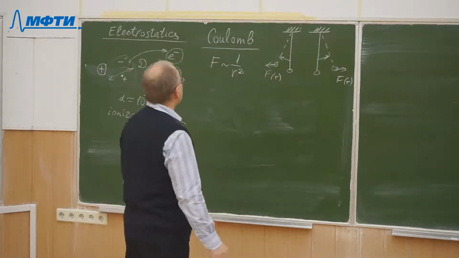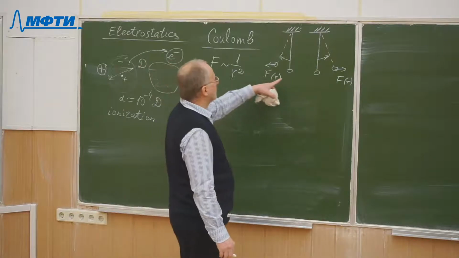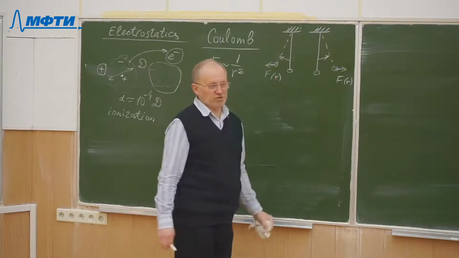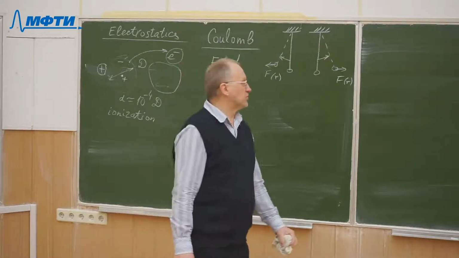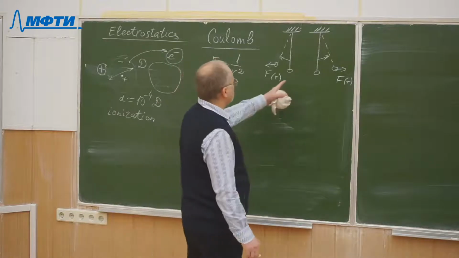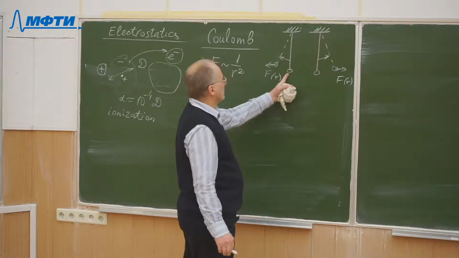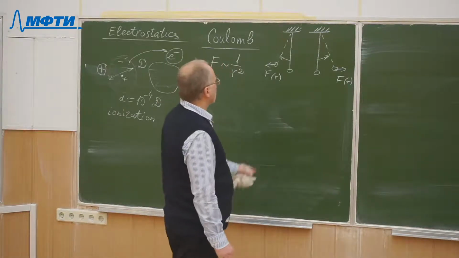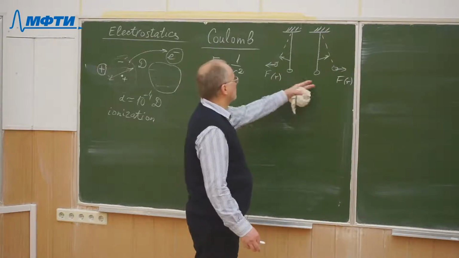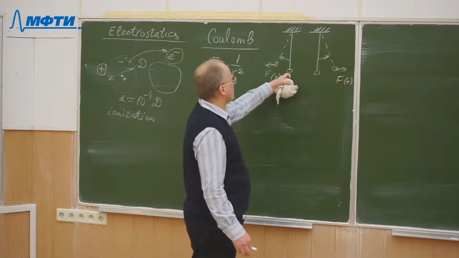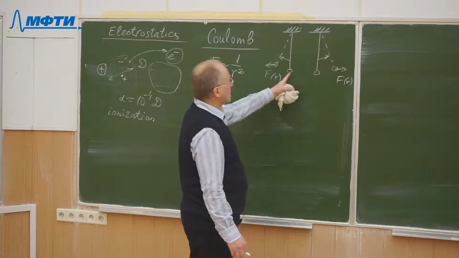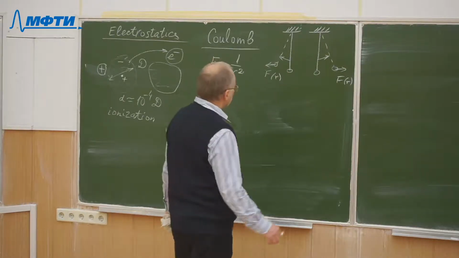Also, he investigated how this force depends on the magnitude of electric charge. And before we go to the electric charge magnitude, we have to discuss how we can change the electric charge which is on a single ball. Well, it's a very simple procedure.